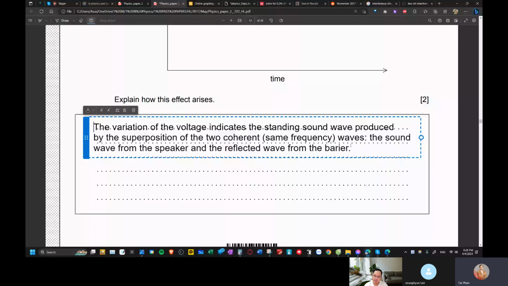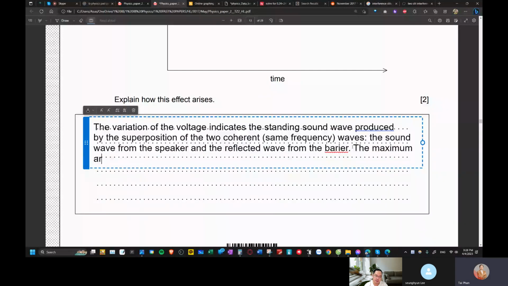The maxima are at the peaks of the signal, at the antinodes of the standing wave, and the minima are at the nodes.